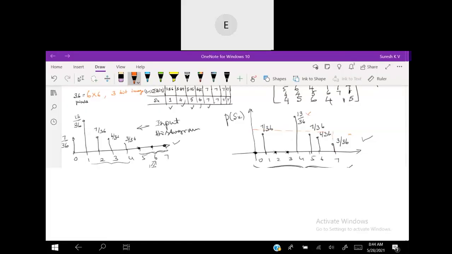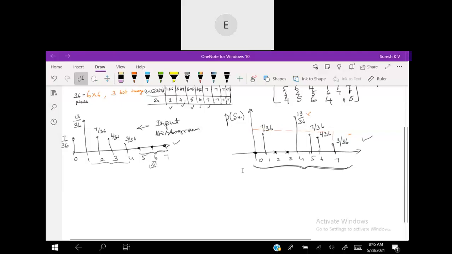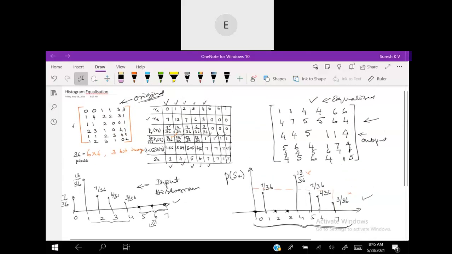Is the problem clearly understood? Because this is a very important problem, and normally expected also to solve such problems. Is it understood? Any doubt? You will be given an image and you are asked to do histogram equalization. So start with this table, keep updating the table, and you will get the target values.